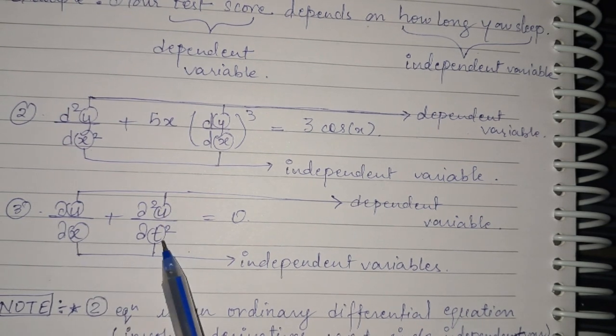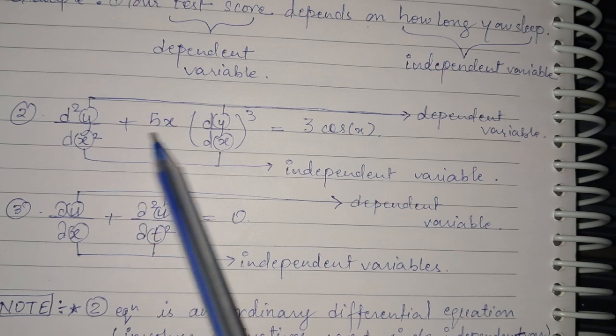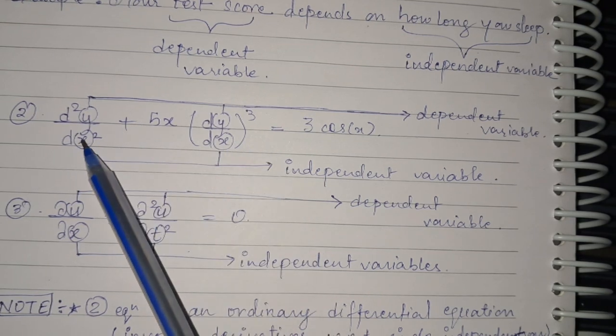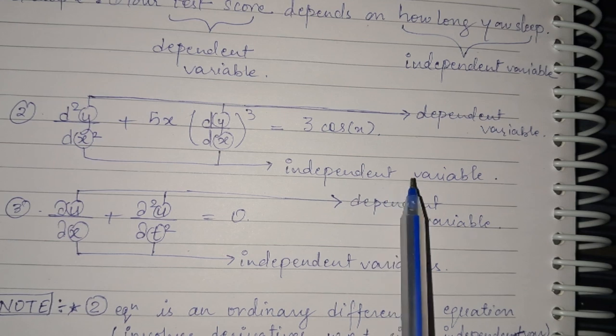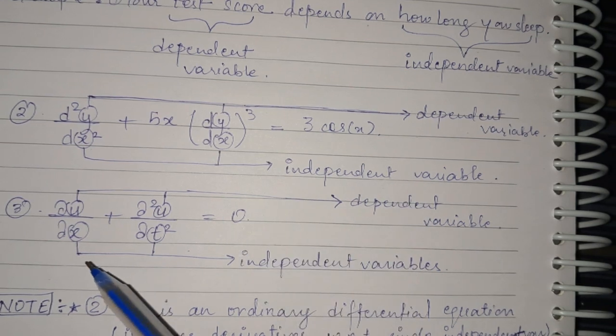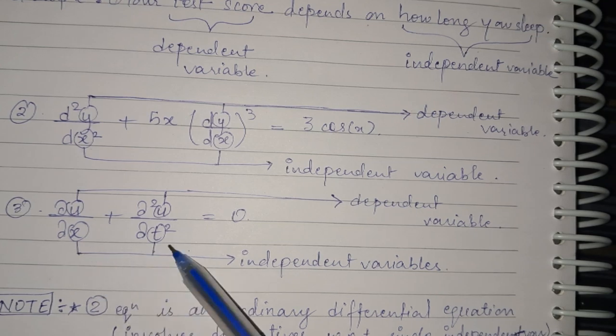That means x and t are independent variables. Now you can observe that in the previous differential equation we had only one independent variable, x, and in this differential equation we have two independent variables, x and t.